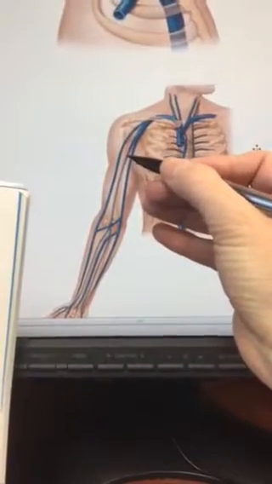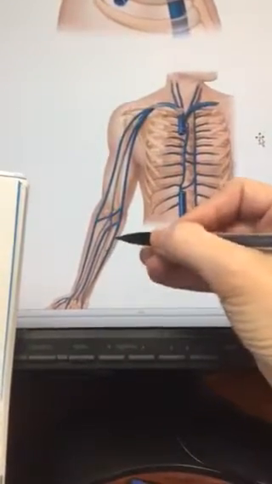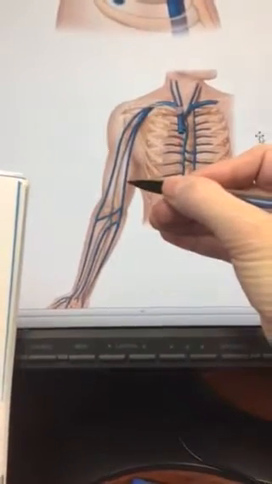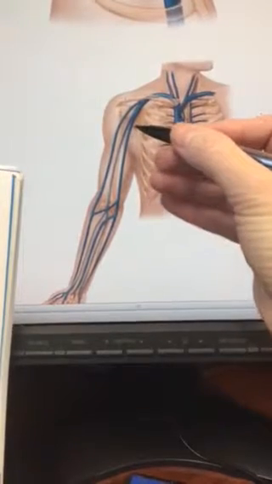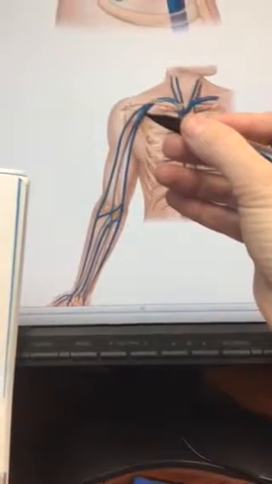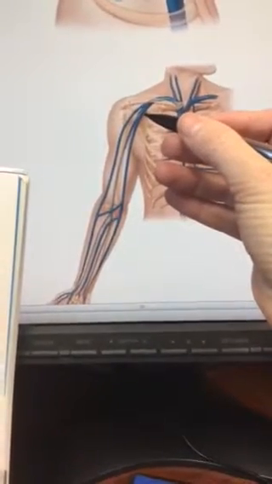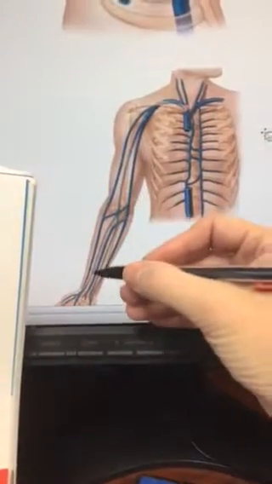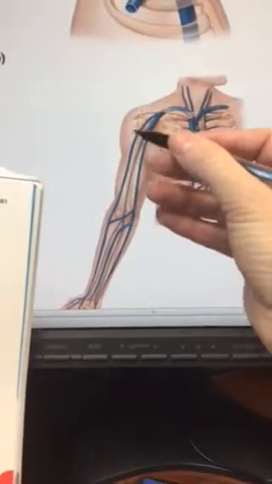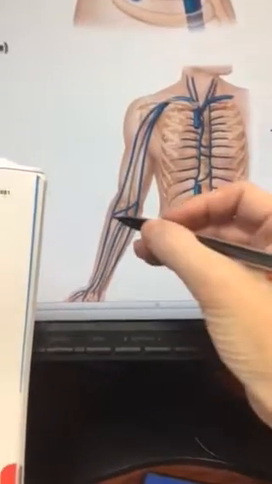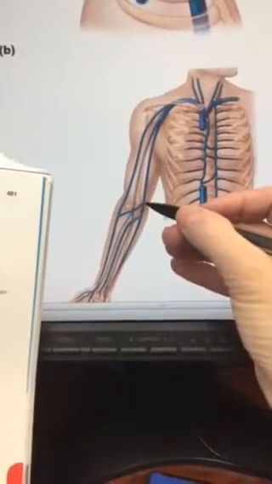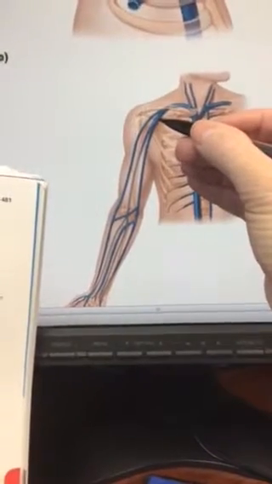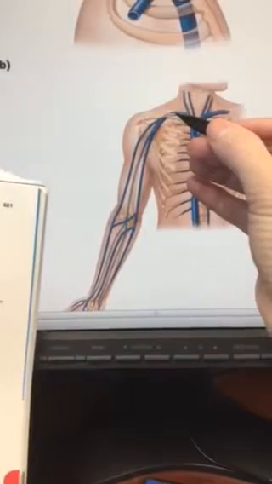The right brachial is going to merge with this long vessel that runs along the medial side of the arm, which this would be the right basilic vein, merging with the brachial to form, again, the right axillary vein. This is the right cephalic vein, returning blood, again, this direction, back towards the heart, median cubital vein across the front. This cephalic vein will merge with the axillary vein to form the subclavian vein.